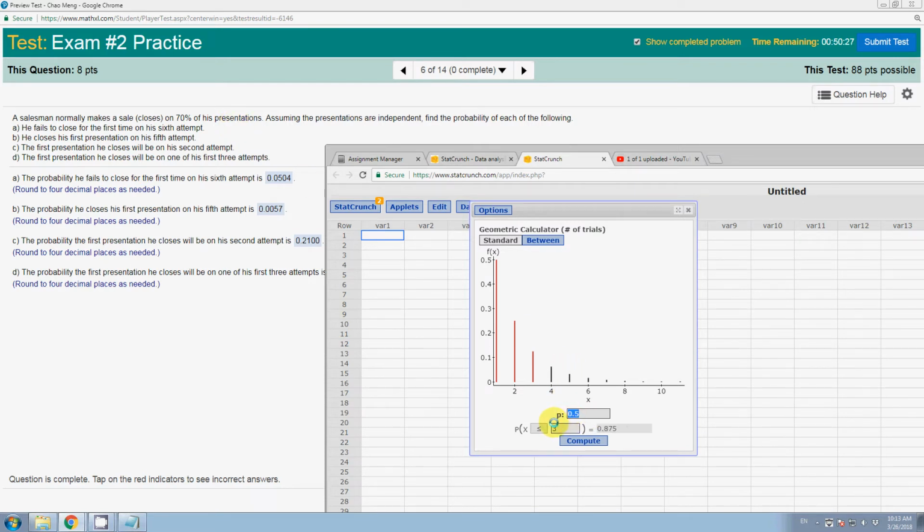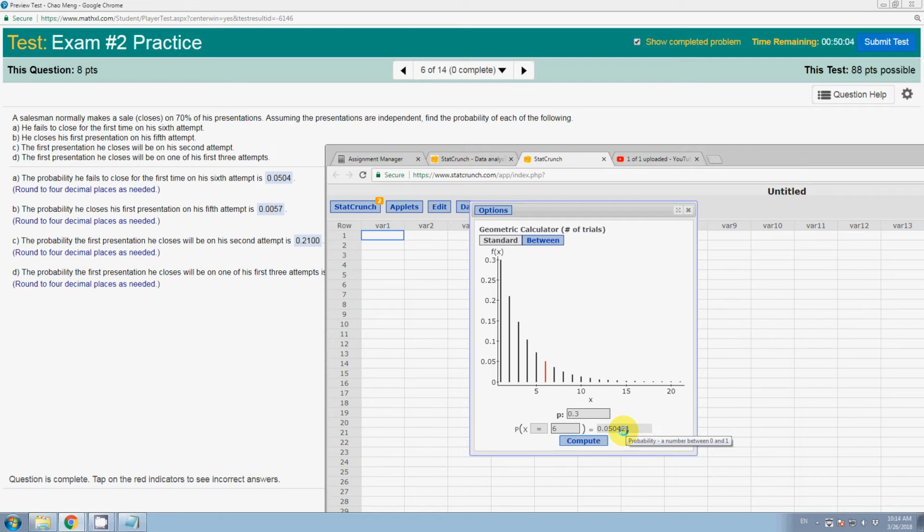So the probability of success in this case is 0.3. And what's the probability that he fails to close for the first time on his sixth attempt? Exactly 6 attempts. So X, the number of attempts, is equal to 6. So we got this probability. That's part A.